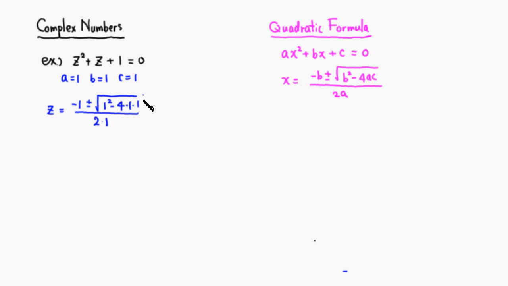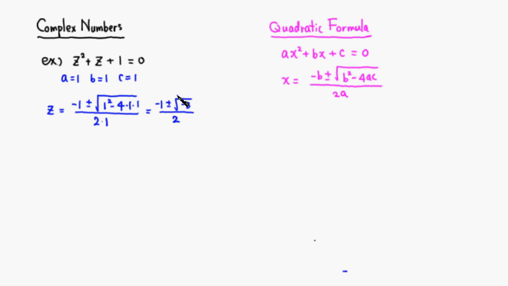If you clean it up, you have negative 1 plus or minus the square root of 1 minus 4, so it's negative 3, over 2 times 1, which is 2.